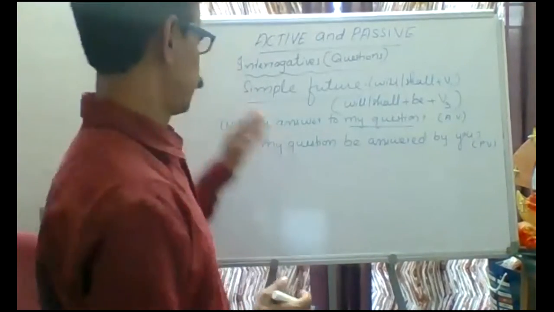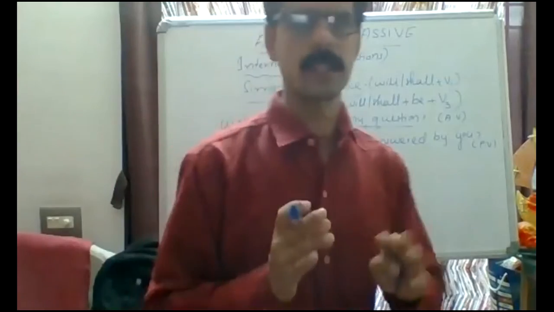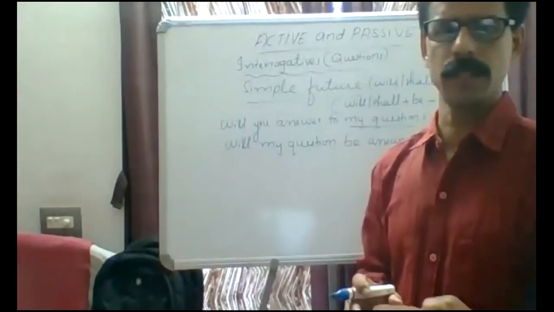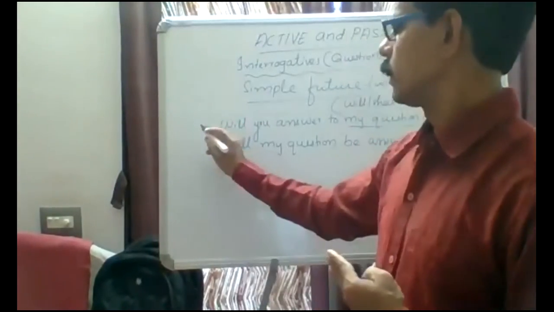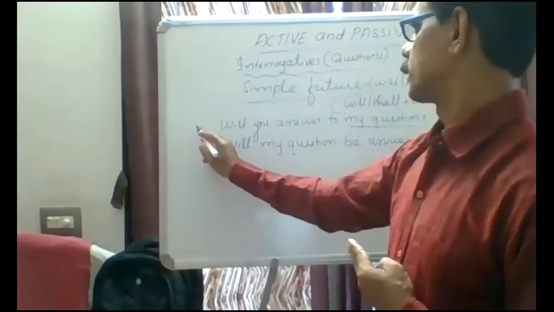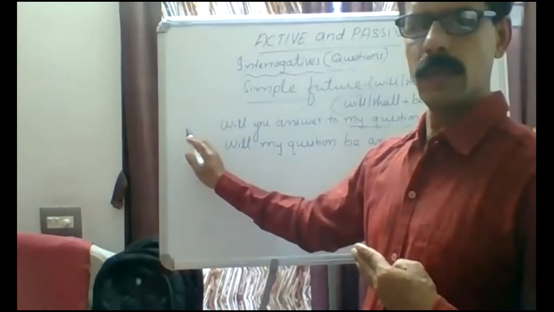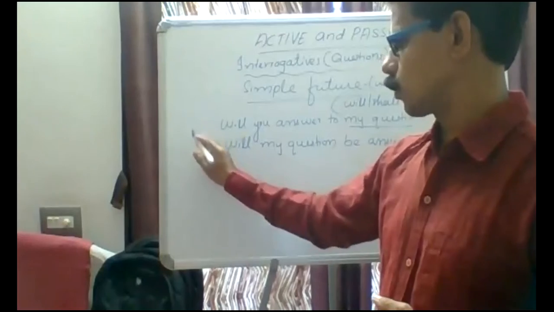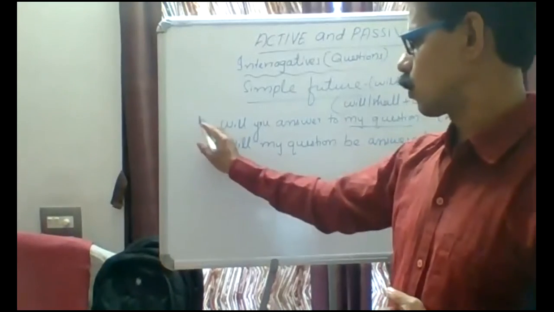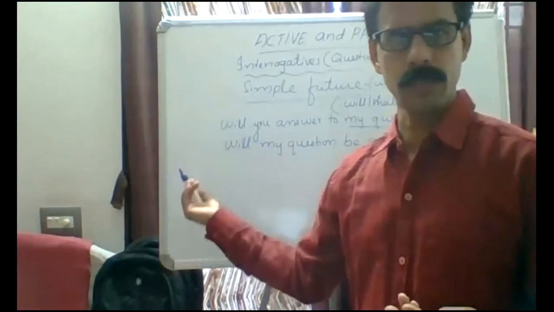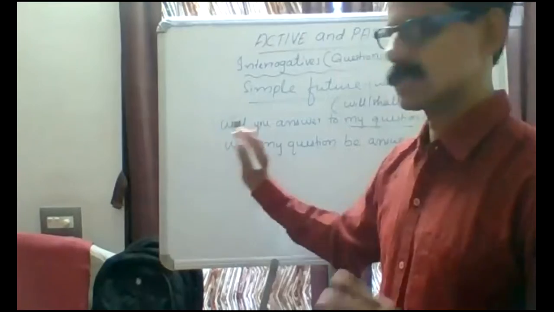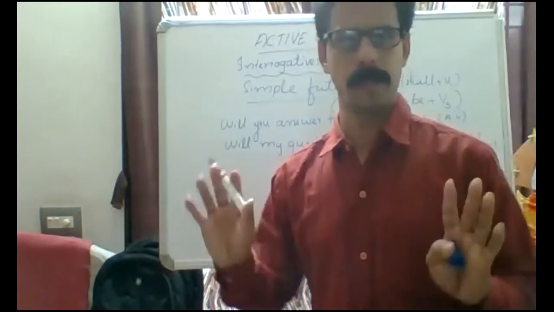And if you want the WH question, what is the method? I have already explained it previously. Here you have to add: when will you answer my question? How will you answer my question? The same how and when you can add, or why. The same question word is repeated in the passive construction too.